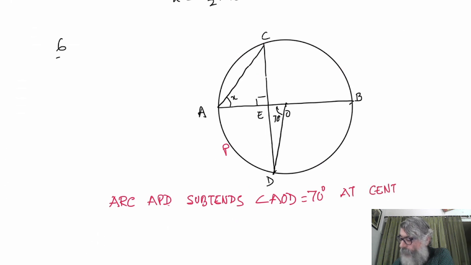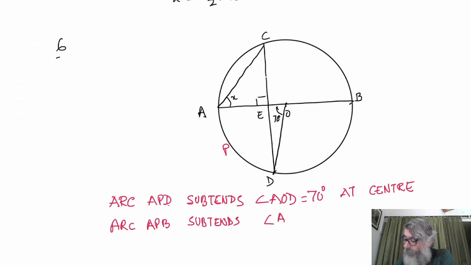Obviously the center of the circle. This angle is subtended by the arc at the center of the circle. And the same arc APD subtends angle ACD equal to 70 upon 2, 35 at the circumference.